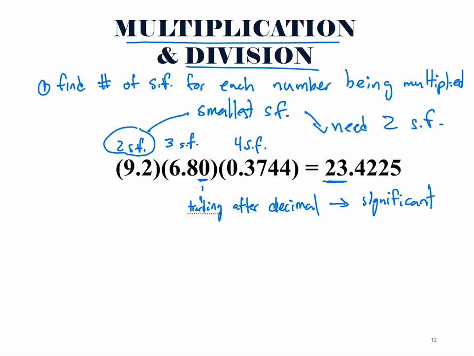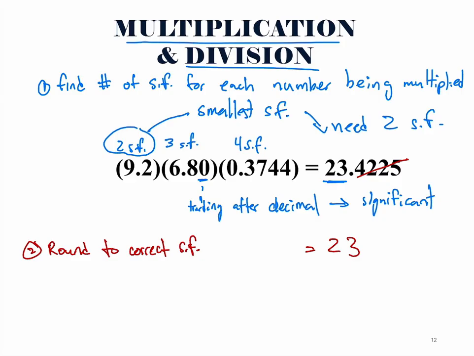So what do we do to the number? Do we change the 3 at all? No, because 4 is less than 5, right? So we keep that number the same. So that means that we just drop the rest of these numbers, and our final answer should be 23. Correct significant figures.